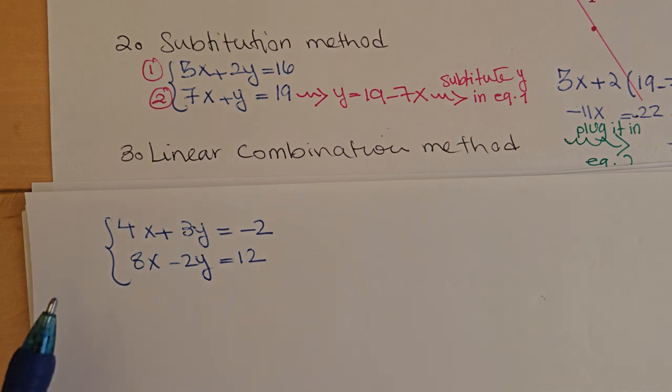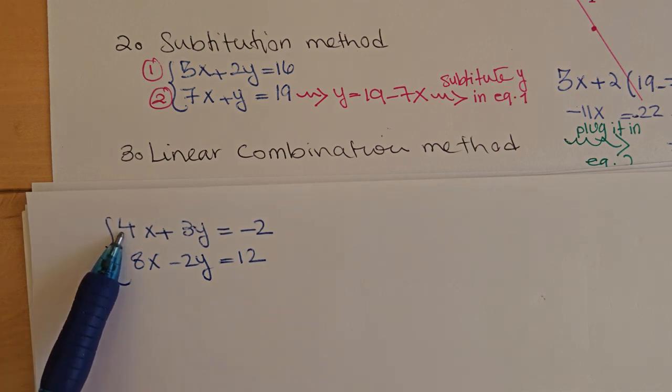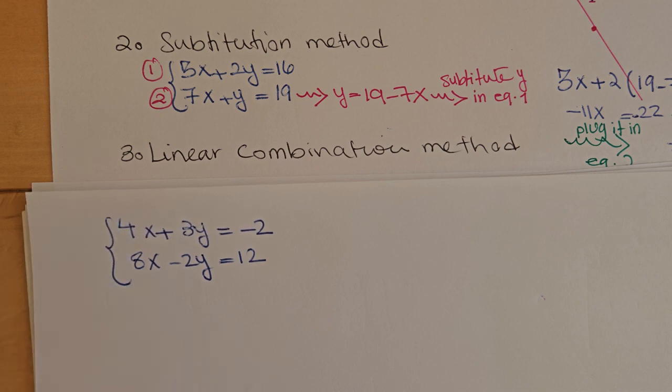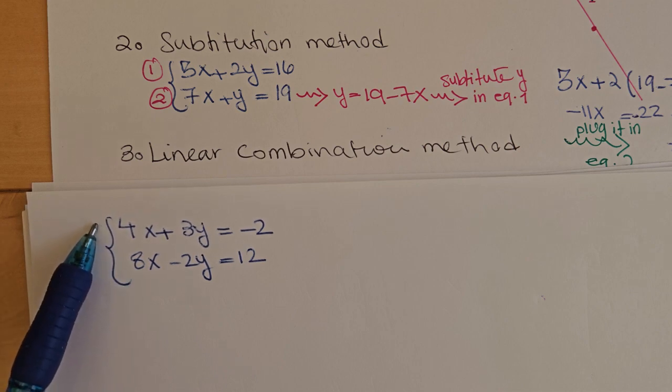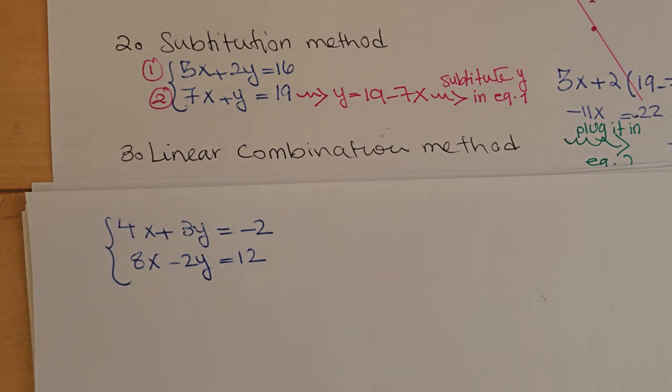So here the x coefficient is 4, here it's 8. So if I add them or subtract them, they wouldn't cancel out. Here the y is 3, it's negative 2, so it doesn't work either. But if you look closely, if I multiply the top equation by negative 2, let's see what happens.